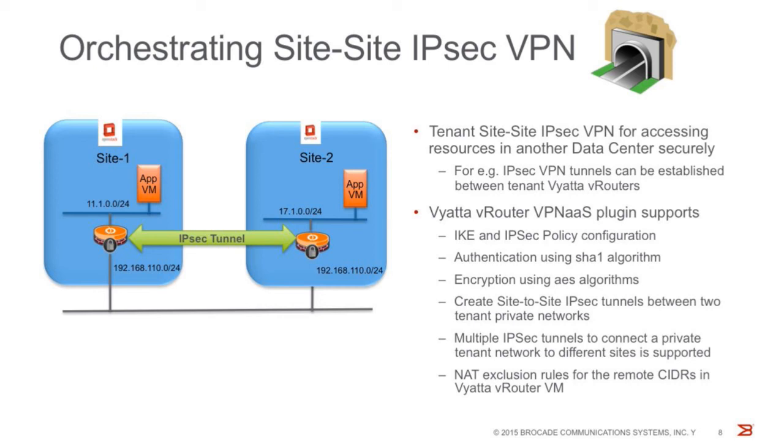If you want an additional data center, you can create a new tenant level IPsec VPN tunnel to that data center also. And because you have these different subnets, we can configure the NAT exclusion rules for them automatically in the plugin. So it pretty much automates all this process and you can create these tunnels with ease.